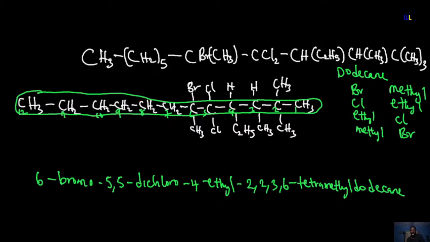Now let's move ahead. What we talked about is the first structure, and the final structure is the skeletal structure. There are things you need to note about the skeletal structure.